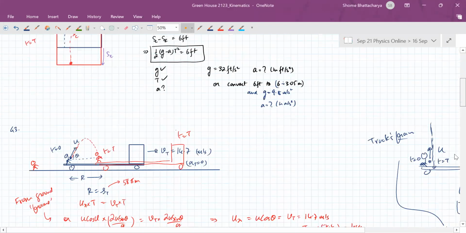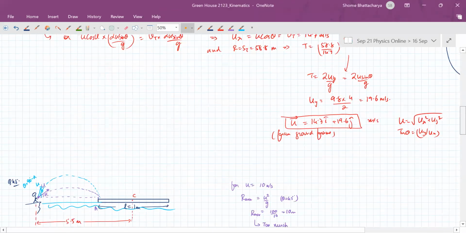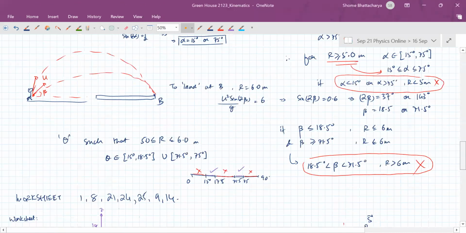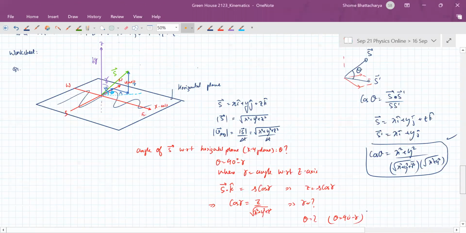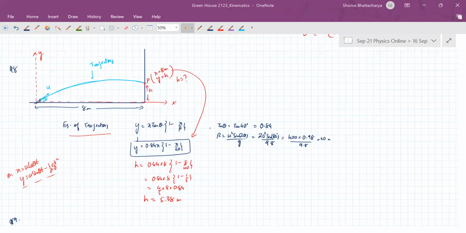Okay, so let's come to the discussion of the ninth question. The only thing is in this, the calculation is a little bit complicated because we'll have to use feet per second square. So let us look at it in detail.